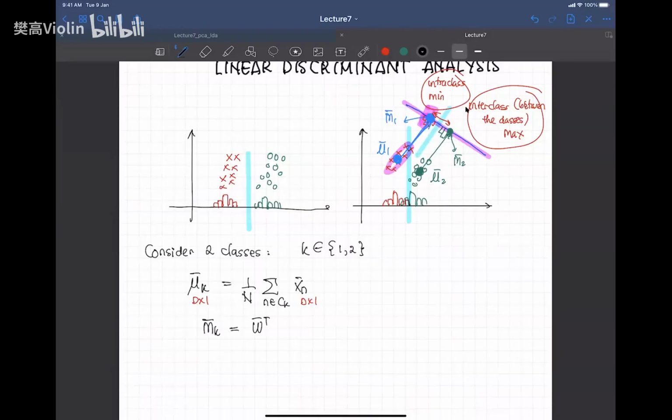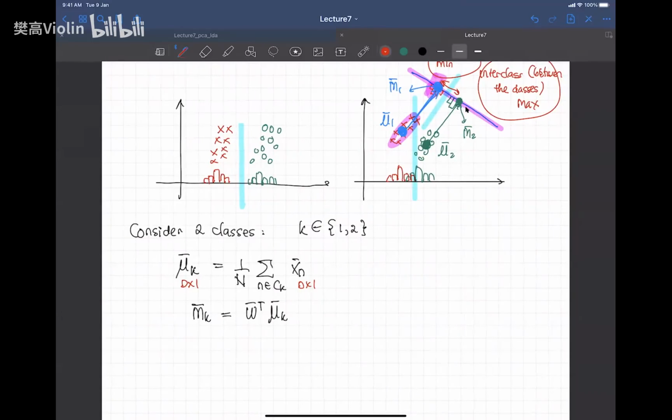In our previous discussion, we used V, but it's not eigenvectors anymore, so I use W instead. MK equals W times mu K. This is called the projection of the mean. If you look at the dimensionality, mu K is d by 1 and W is 1 by d, so mk is actually 1 by 1.